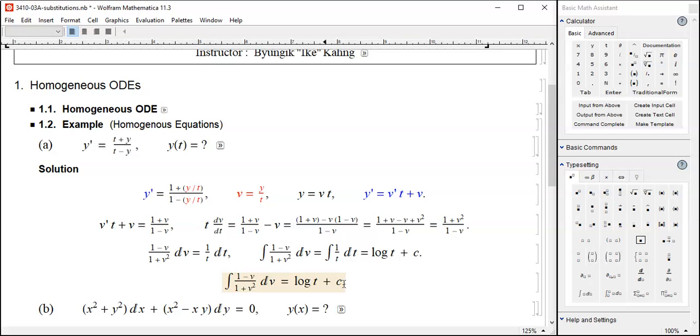Any idea? Well, please note that 1 over 1 plus v squared, that's one known function, and then removing this one, v over 1 plus v squared, that too is benign function because numerator is basically the derivative of the denominator except for constants. What am I talking about? Let's separate this integral into two pieces.